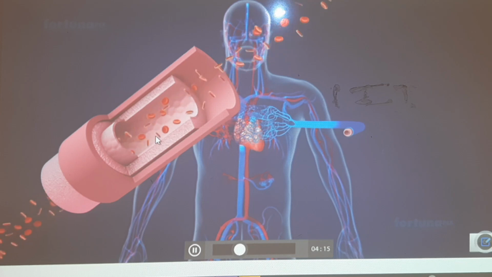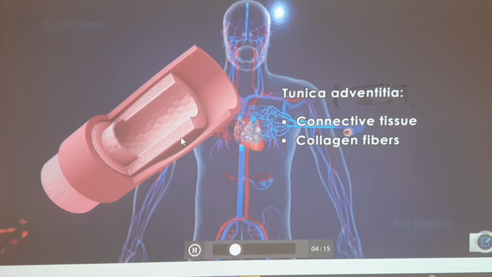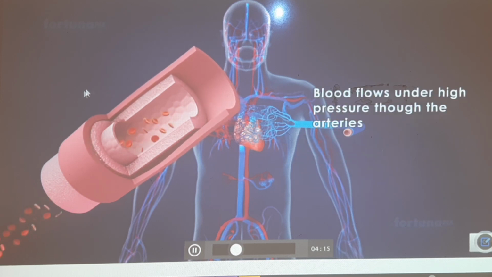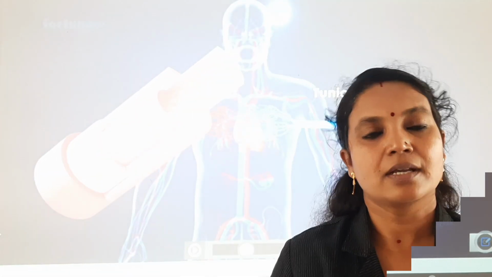So the main features of arteries are that they carry blood from the heart to different parts of the body, and they have a thick wall, and the outer wall is elastic in nature. That means it can expand and contract, and through the arteries blood flows with high speed and high pressure. Clear? Okay. Now we'll move on to the veins.